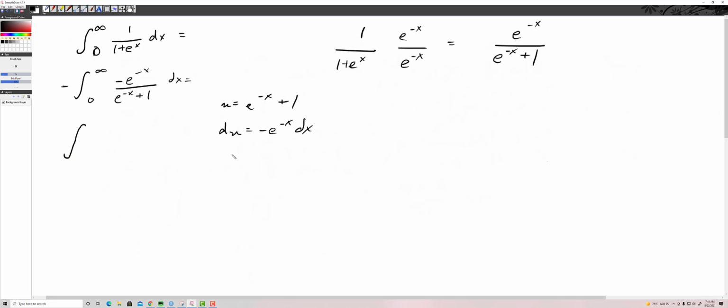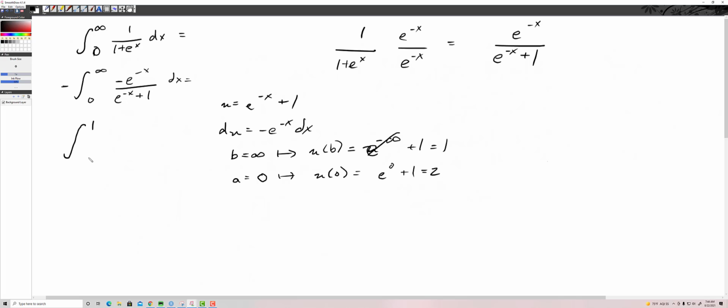Then I need to know what happens to my bounds. b is infinity, which goes to u of b, which is e to the minus infinity plus 1, and that's just 0 plus 1, so this becomes 1. a is 0, so that's u of 0, which is e to the 0 plus 1, and that's just 2. Got to keep my minus sign here.